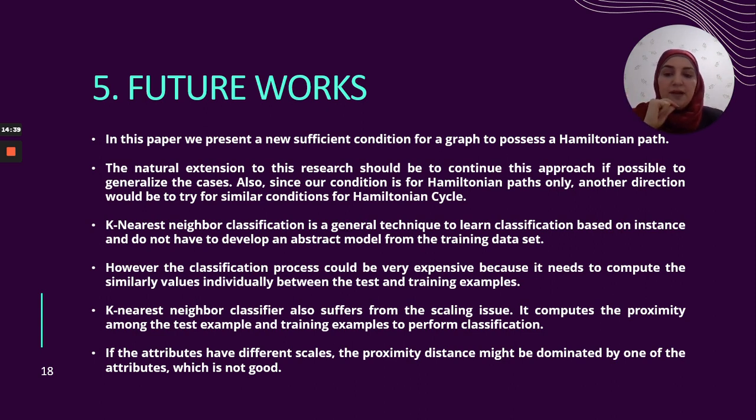The K-nearest neighbor classifier also suffers from the scaling issue. It computes the proximity between the test example and the training example to perform classification. If the attributes have different scales, the proximity distance might be dominated by one of the attributes, which is not good.